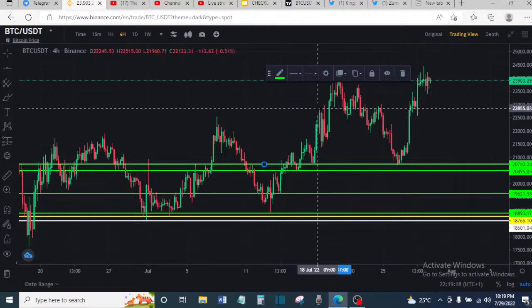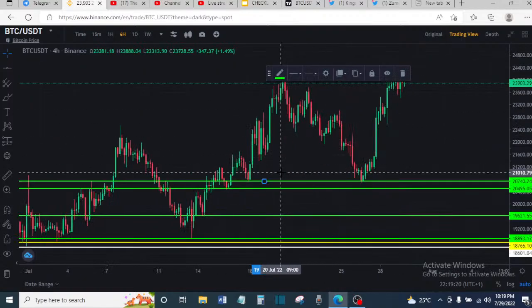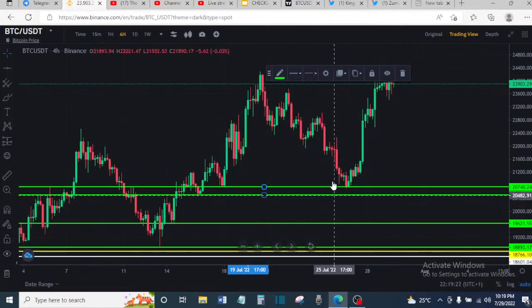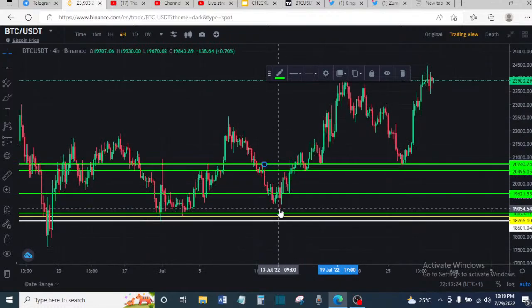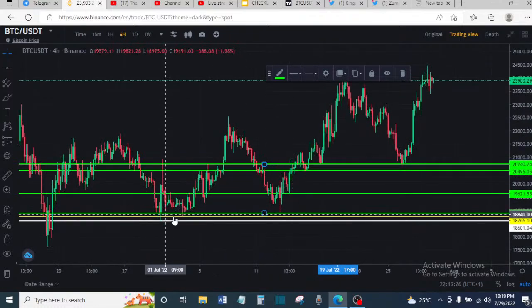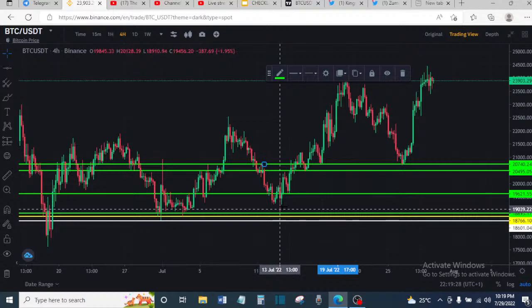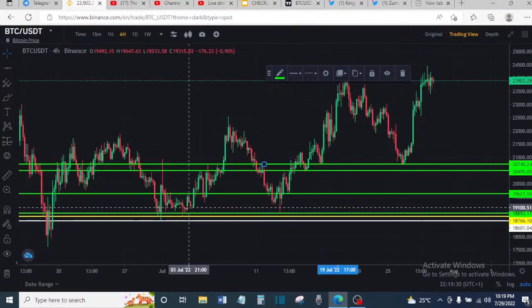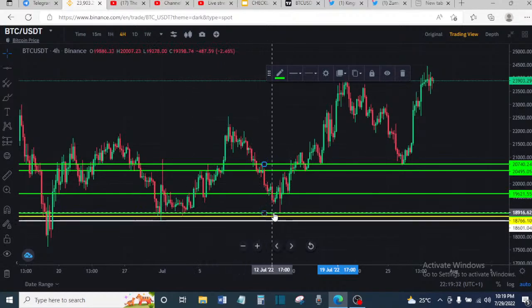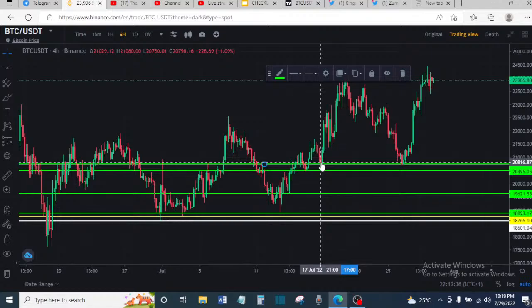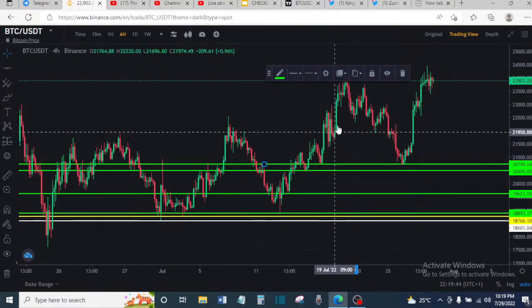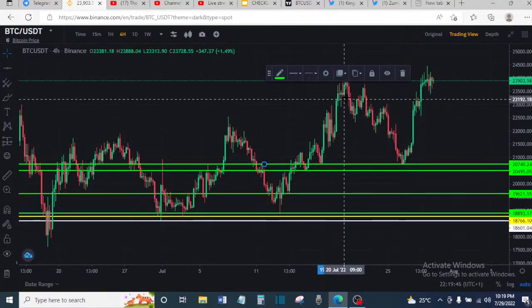Now look at what has happened there. What has price been doing? Price has been moving up the stops. Price has moved this stop to this point, this stop to this point, these stops to this point, this one again to this point. Now what did price do? Price continued to move it even to this point, then to this point, to this point.